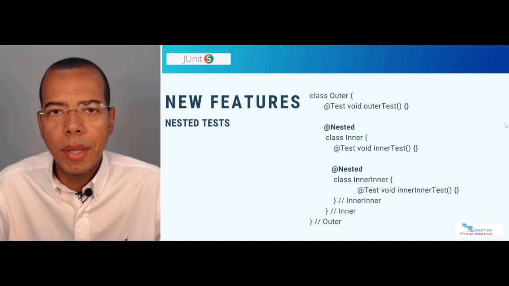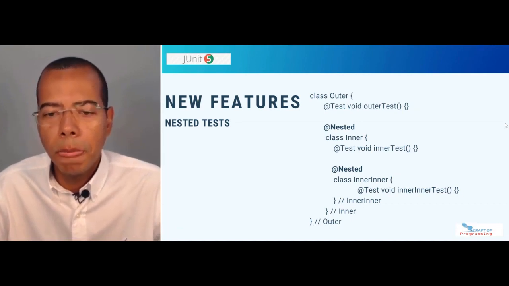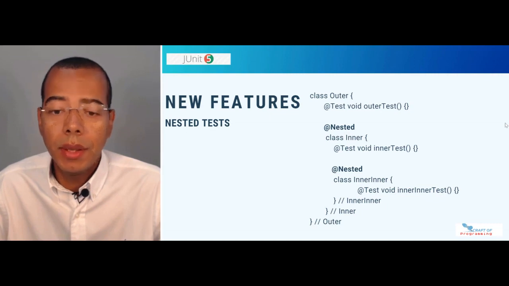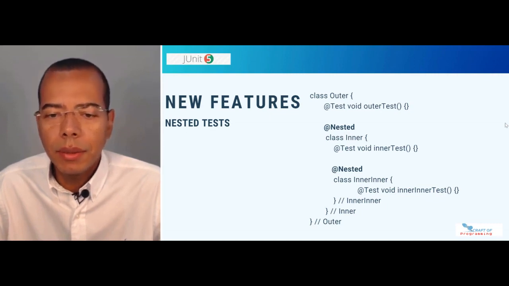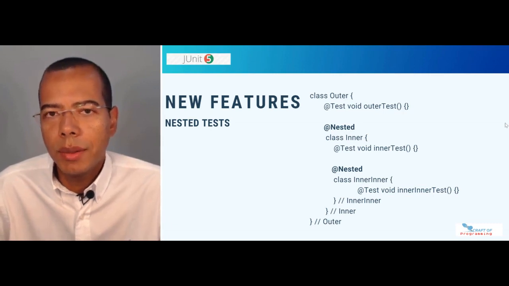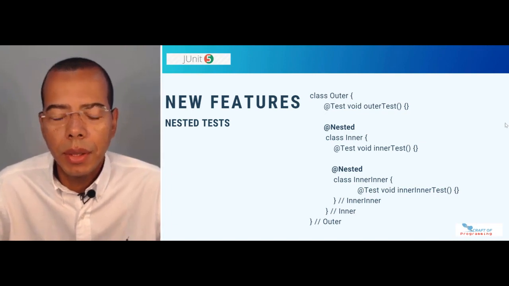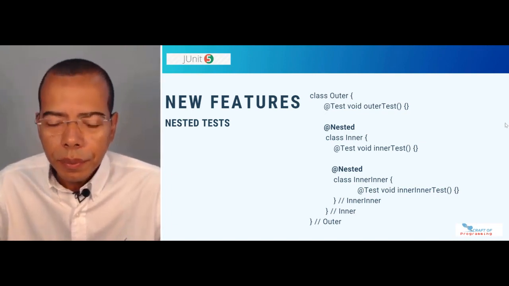Another new feature of JUnit 5 is nested tests. Now you can put effectively inner classes inside of classes for tests, and you can group your tests like that. The canonical example that JUnit 5 shows is testing a stack, which is a deeply nested data structure.